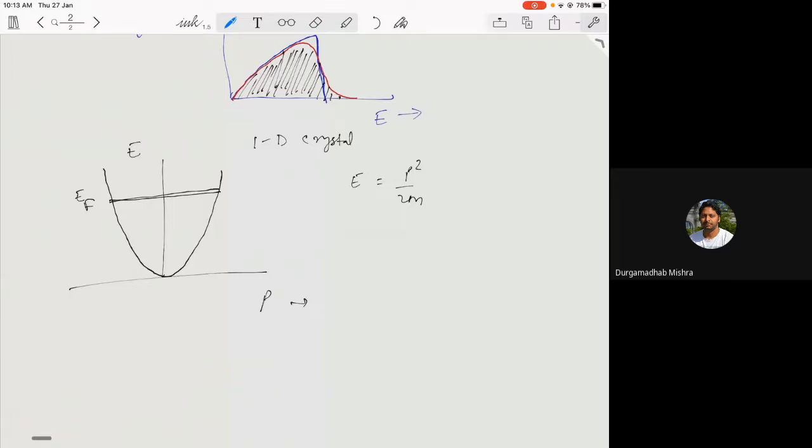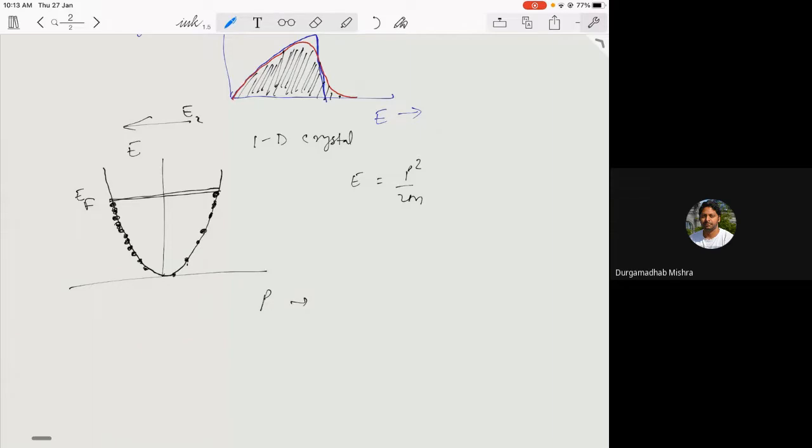But we also saw that there are many possible electron states with different momentum, and only the electrons close to the Fermi level will participate in the conductivity when you apply an electric field like this.